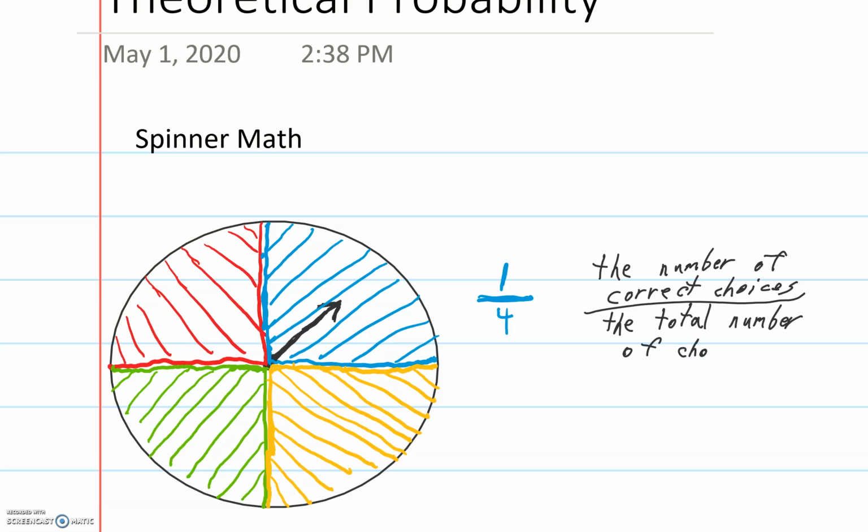And this general idea is the case pretty much everywhere, unless they're uneven. If they're uneven chances, then it becomes a little bit different.